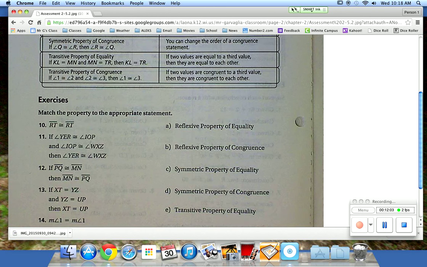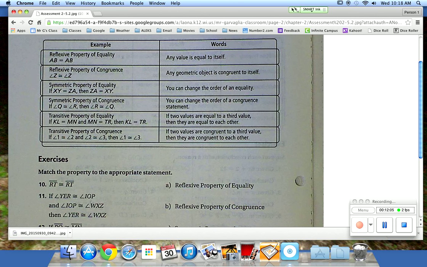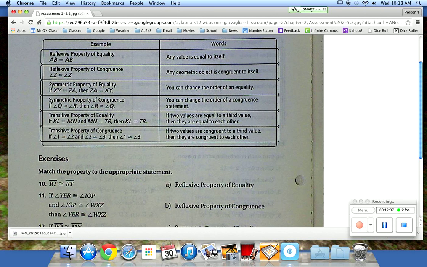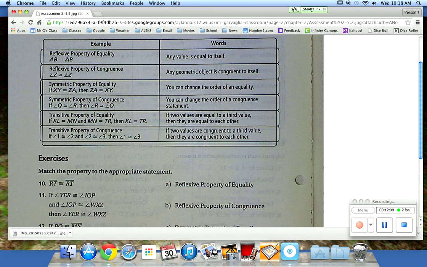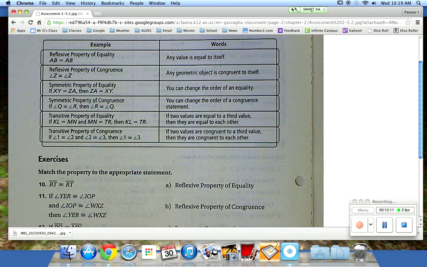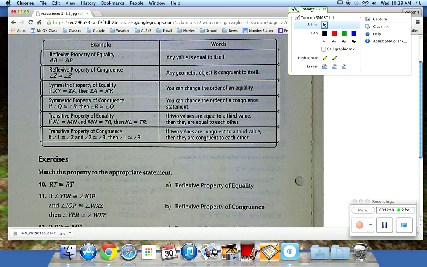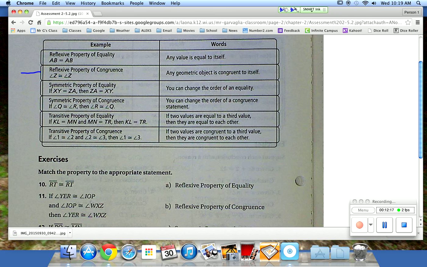What is this? What one would that be? Well, we got to take a look. What are the congruency ones in here? This one is a congruency, this one's a congruency, and this is a congruency. Reflexive property. All right? See how we do this?